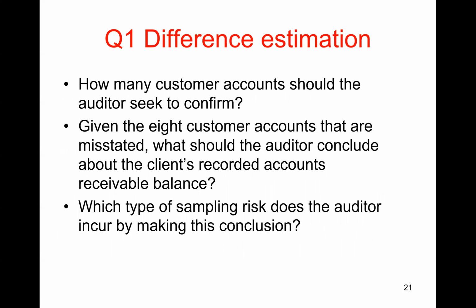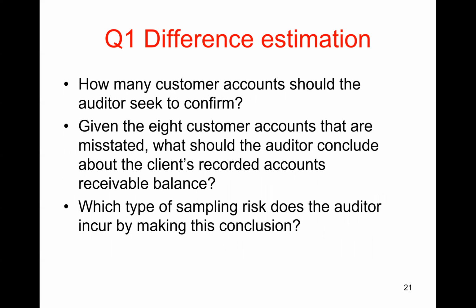Okay, so I've basically run through how you do the calculations for difference estimation. So what we're going to do in class is go through question 1. First of all, determine the sample size, right, using that formula that I showed you. Then I've said that with your sample, you find that there are 8 customers that have misstatements.